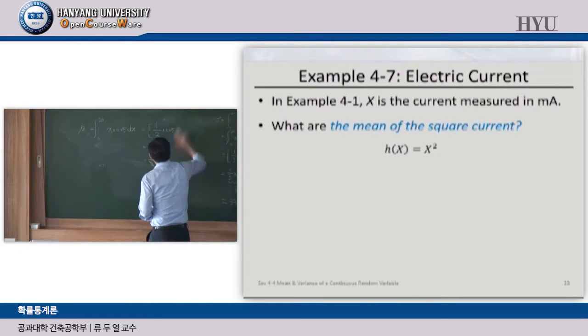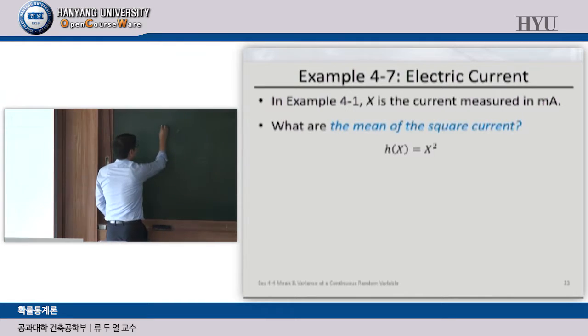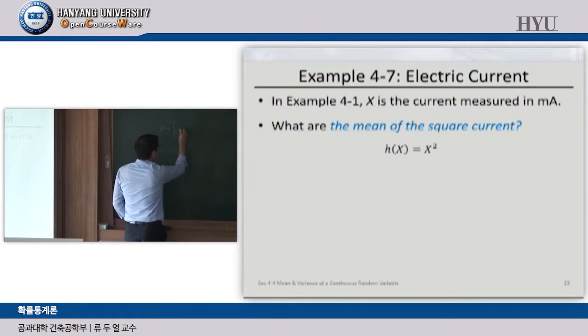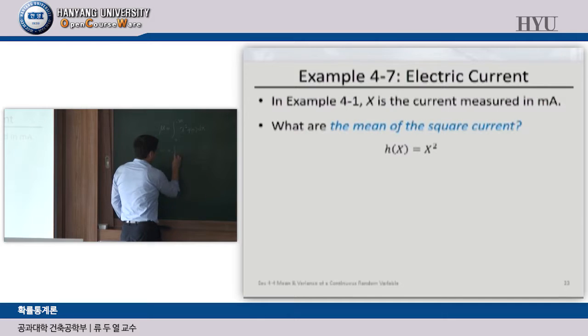So based on the previous equation, the mean for this case can be calculated by the integration of x square f(x) dx from 0 to 20, okay? And this can be the integration of x square multiplied by 0.05 dx from 0 to 20.